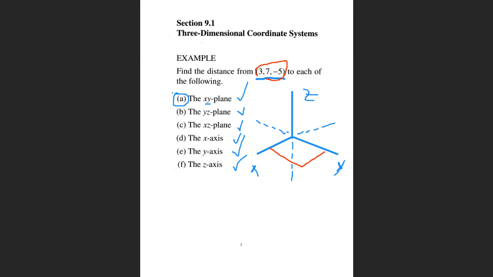Yes, the 3's there for the x coordinate and the 7's there for the y coordinate. But wherever that point is, and it's going to be in this octant in the front here below, it's going to be 5 units below the xy plane. So the answer is 5.